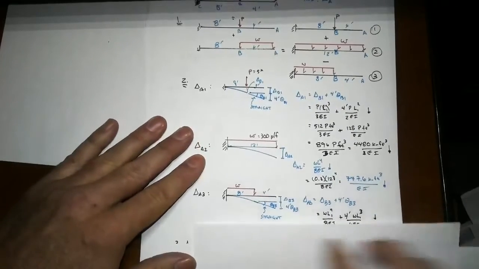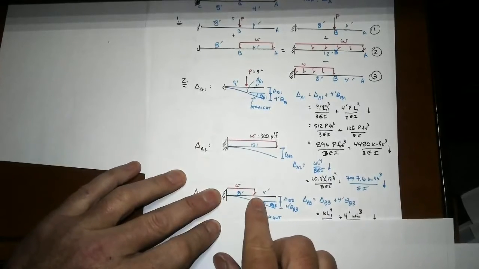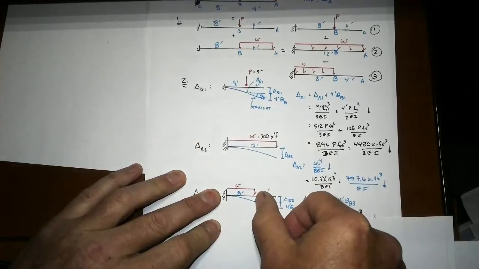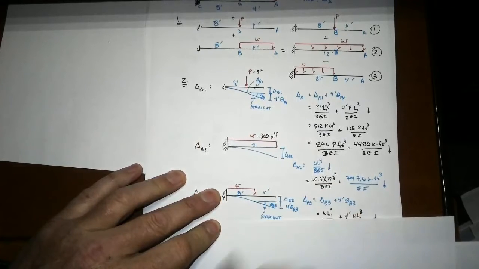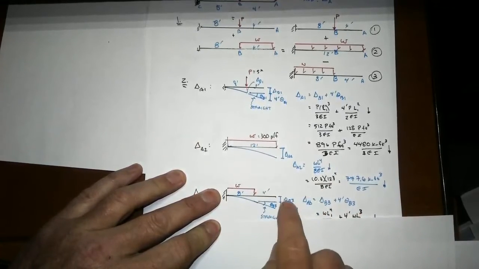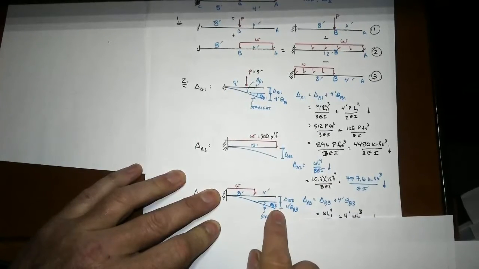Now for this last case here, where the distributed load is only from the fixed end over to some point, we're going to do the same thing we did up here. Find out what the displacement is at the end of that uniformly distributed load, and then that will be a part of what happens out here out at the real tip, and then plus the slope effect that we get.